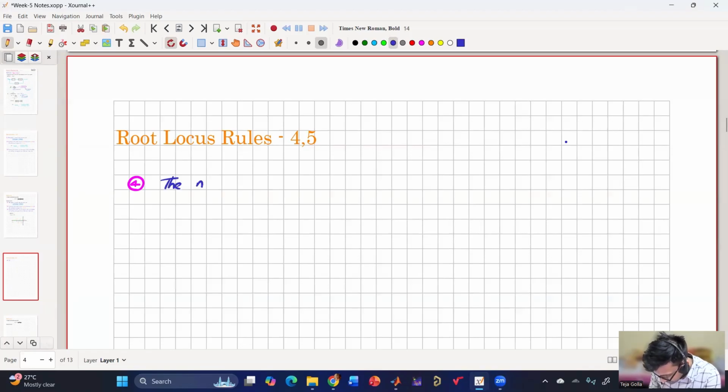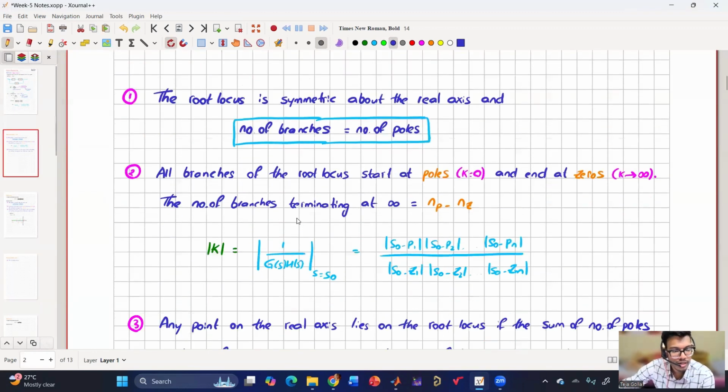NP minus NZ, number of poles minus number of zeros, branches are terminating at infinite. Some of them are terminating at infinite, right?